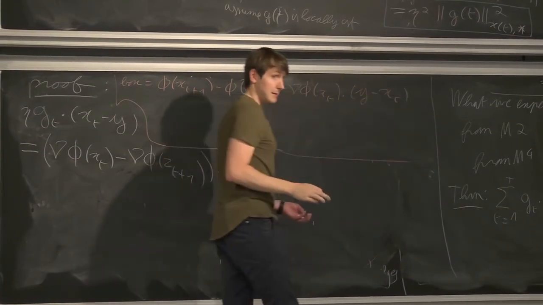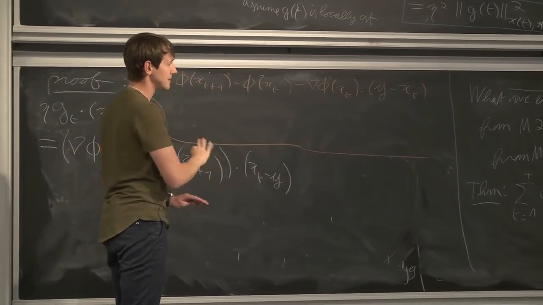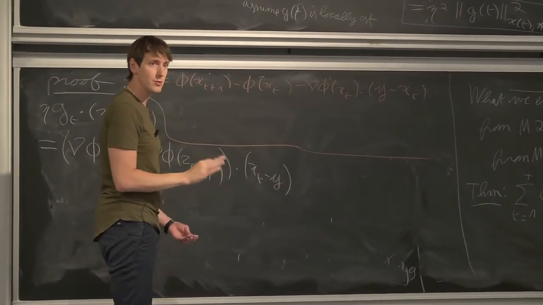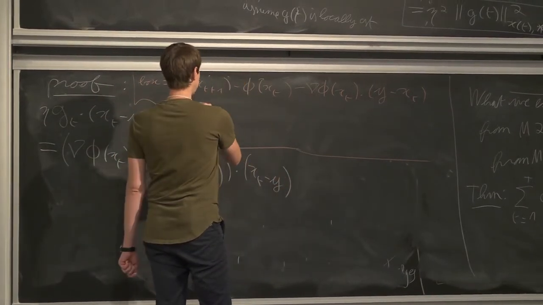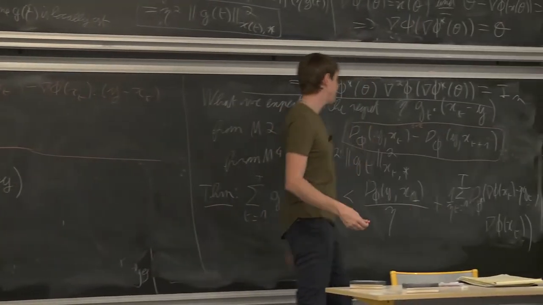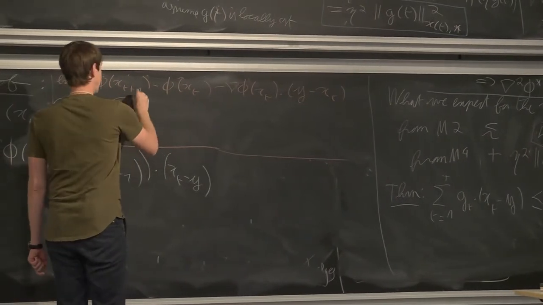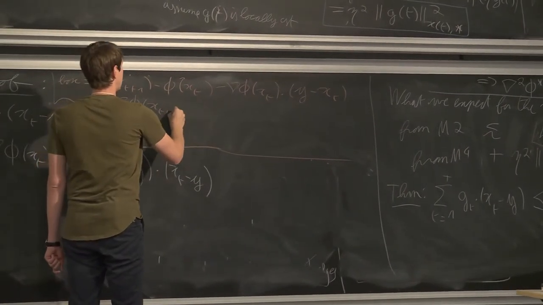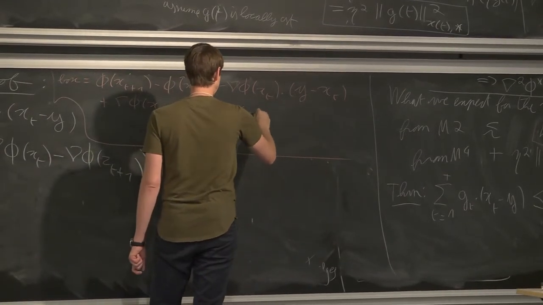By the way, please be awake and check everything that I do, because I'm going to make a sign error and then I'm going to be confused somewhere. So I will need you to save me at some point. Minus grad phi of x_t, and here I have a minus minus, so plus grad phi of x_{t+1} inner product with y minus x_{t+1}.